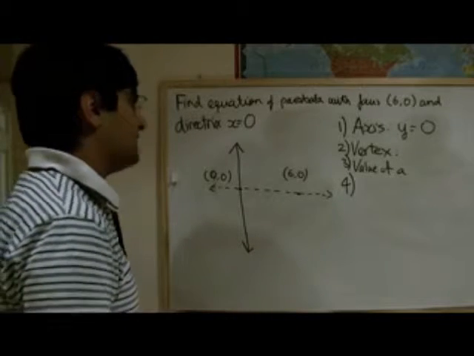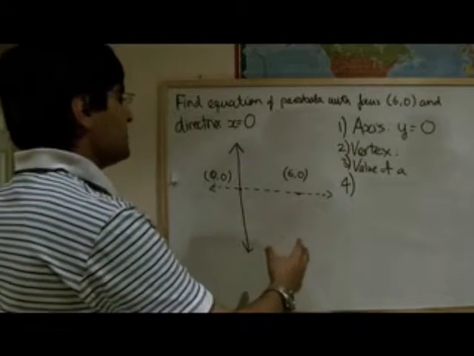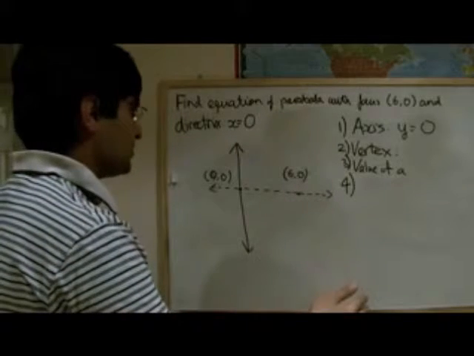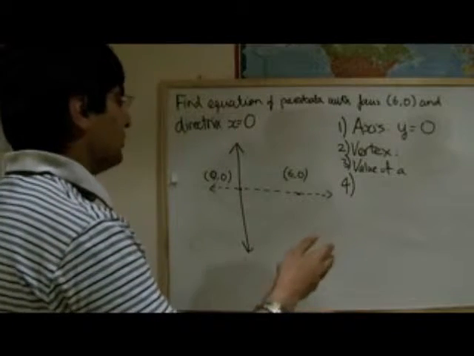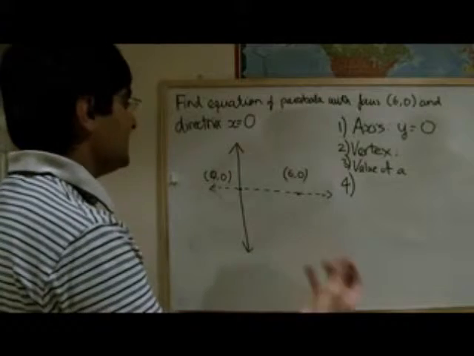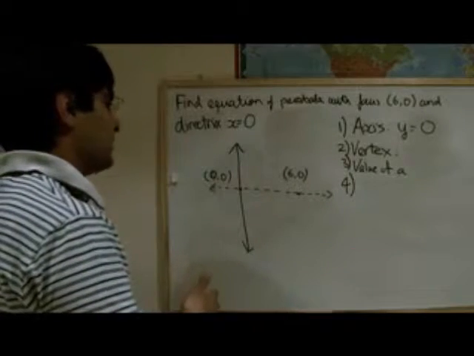Now, what else do we know about parabolas? We mentioned earlier that if the focus is a units in one direction of the vertex, then the directrix is that many units in the opposite direction.